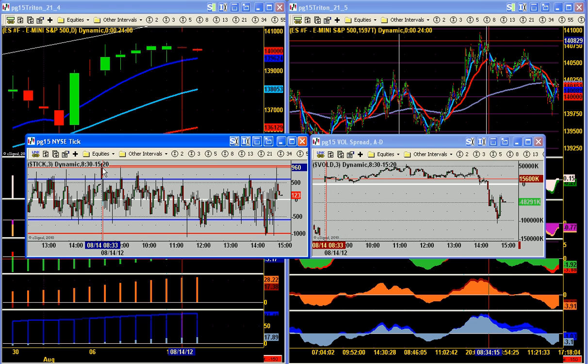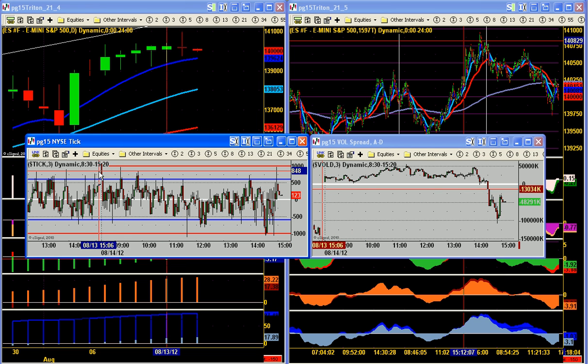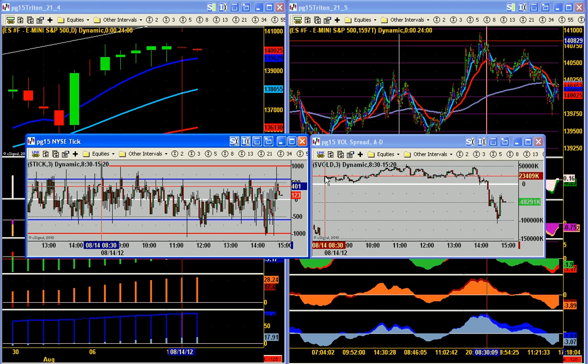But even with the 1,000 tick reading here, and you can look at the cursor on the right-hand chart on the vol spread, as I scan over this bar, the candle on the 3-minute tick chart, even when this was going up, there is not a big move all the way across.